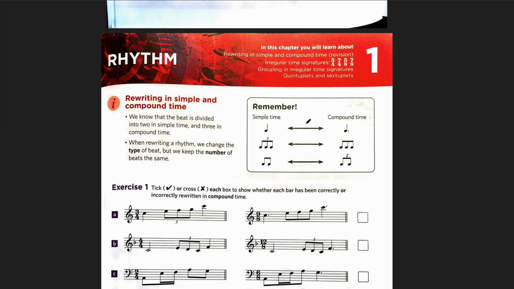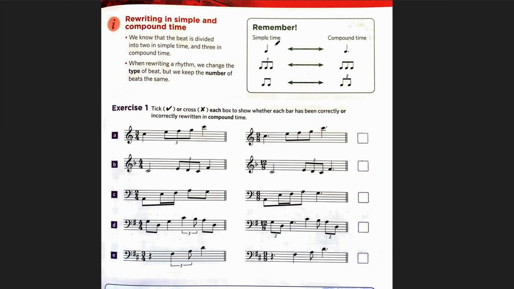Okay, first exercise. Simple time and compound time. Two separate, and we can see if we have a crotchet in simple time, it turns into a dotted crotchet in compound time. If we have a triplet in simple time, it turns to 3 quavers in compound time.